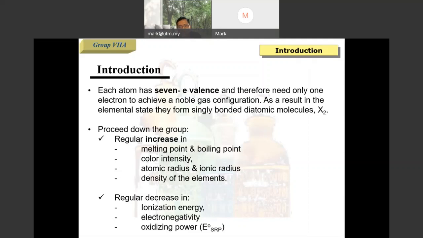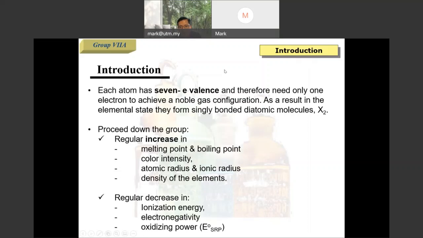They can also form them among the halogens, so chlorine and bromine, chlorine and iodine. Most of the time they form diatomic molecules at normal temperature and room pressure.